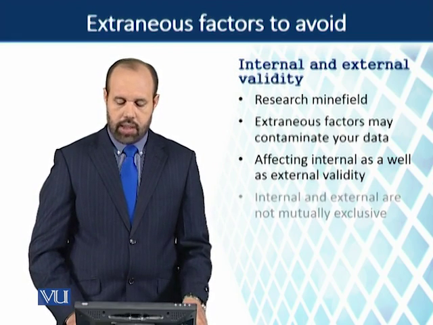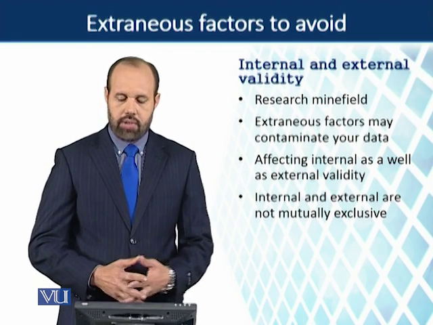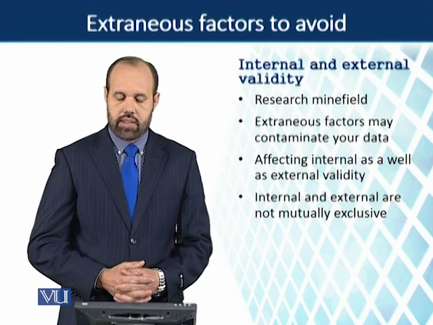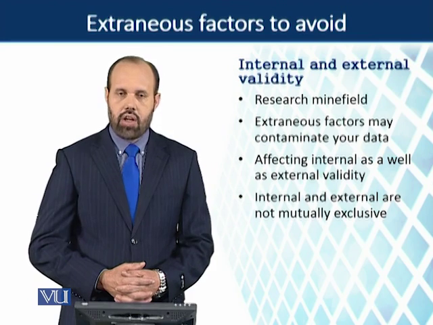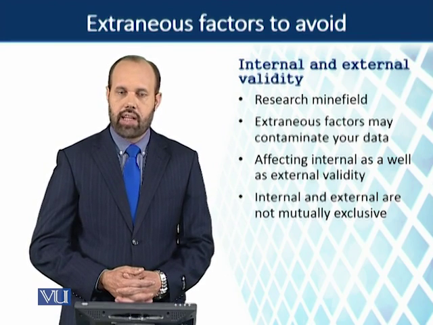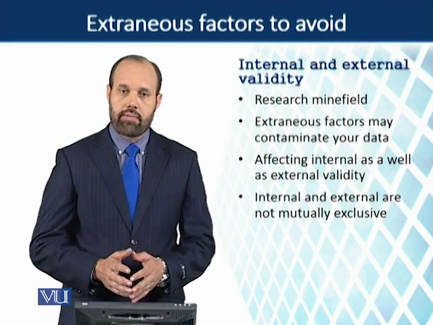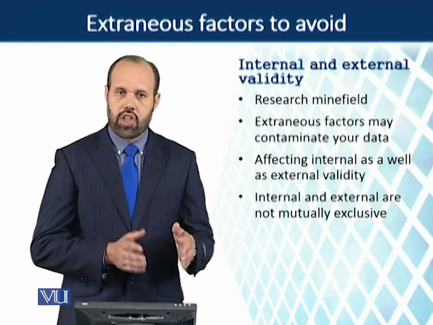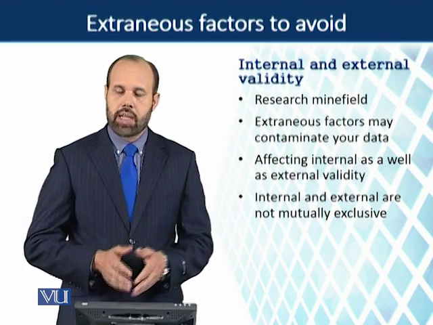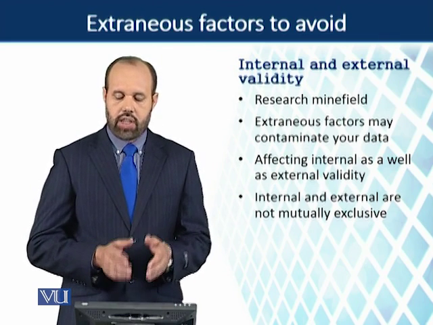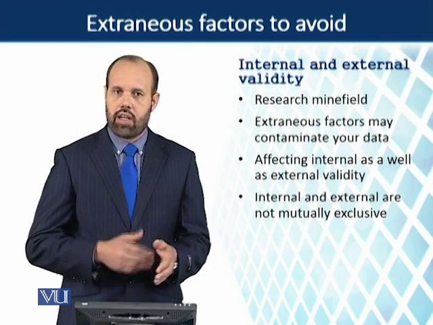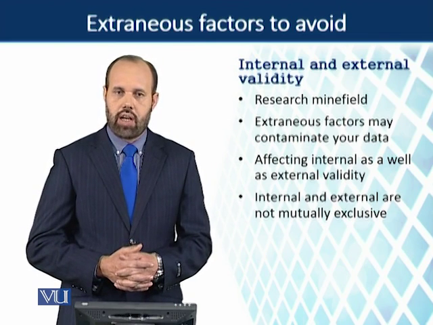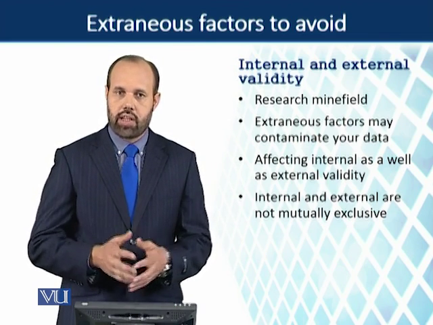So what are those external factors and internal factors which could ultimately influence our data? And we must also make sure that our data is not only internally but also externally valid, because internal and external validity are not actually exclusive.